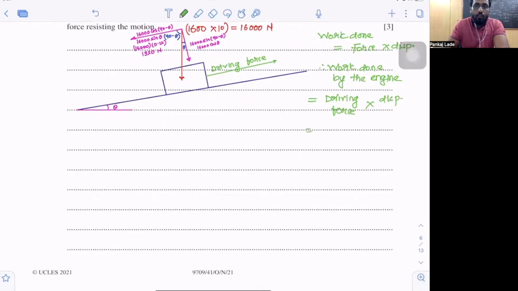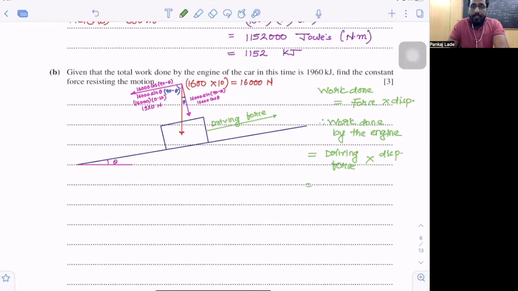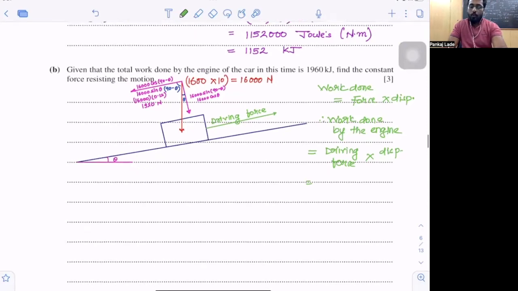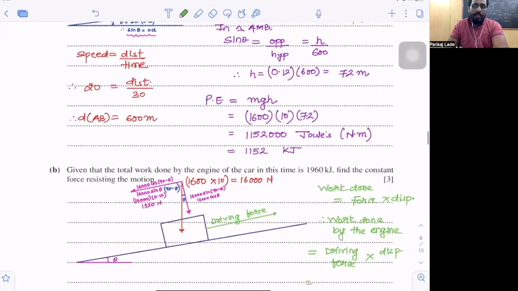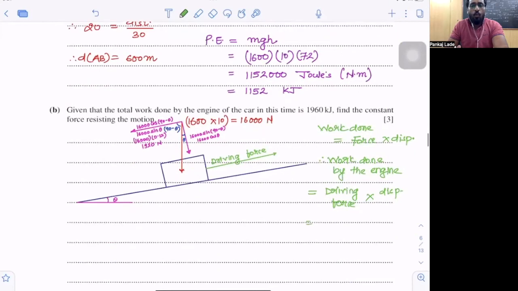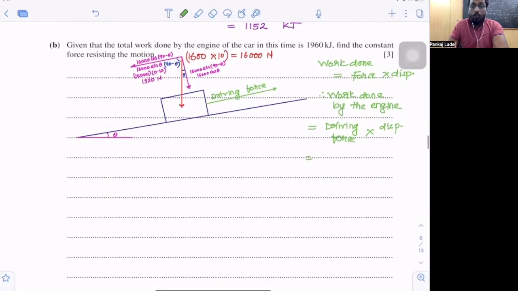Driving force, I do not know what this driving force is, I am trying to find it. But the work done by the engine is known to us. Displacement is also known, but that's not needed because I have the entire work done with me. The work done is given to us as 1960 kilojoules.